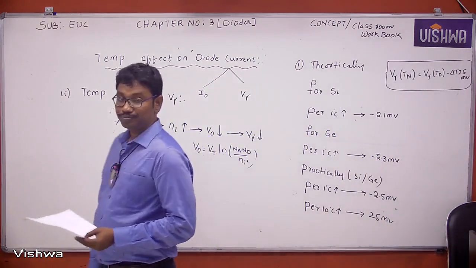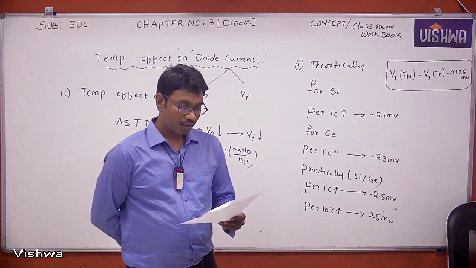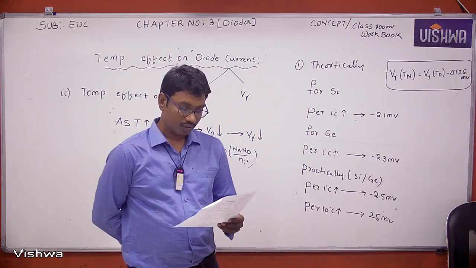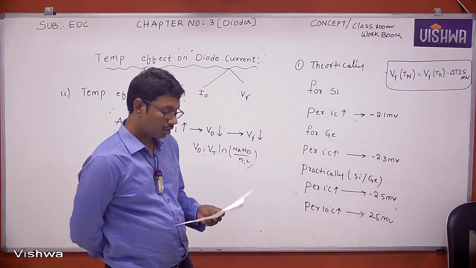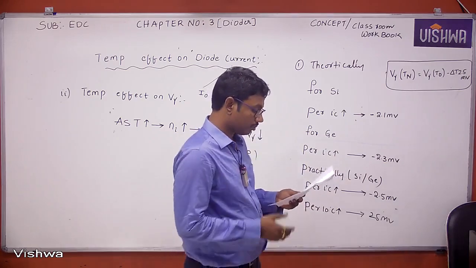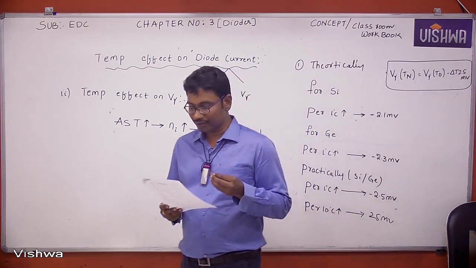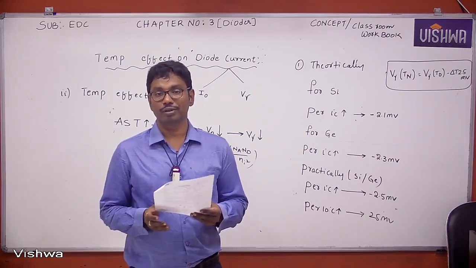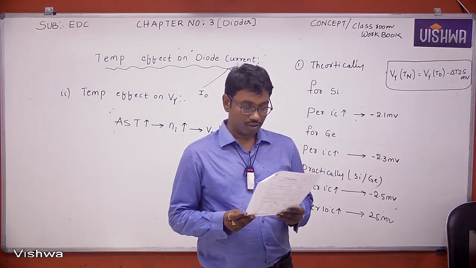A diode has a reverse saturation current of 10 microampere and cut-in voltage of 0.7 volts at room temperature.